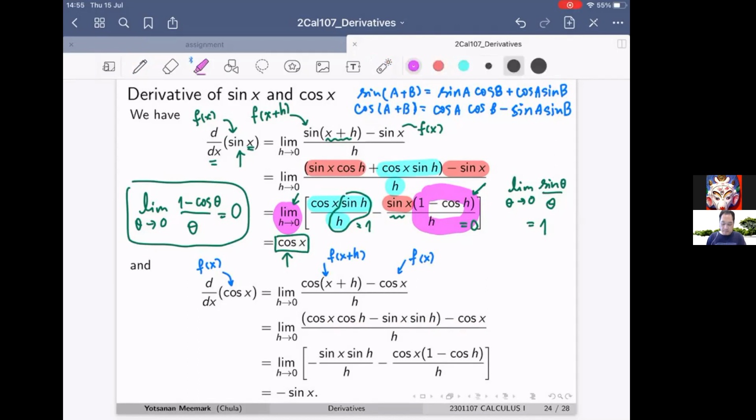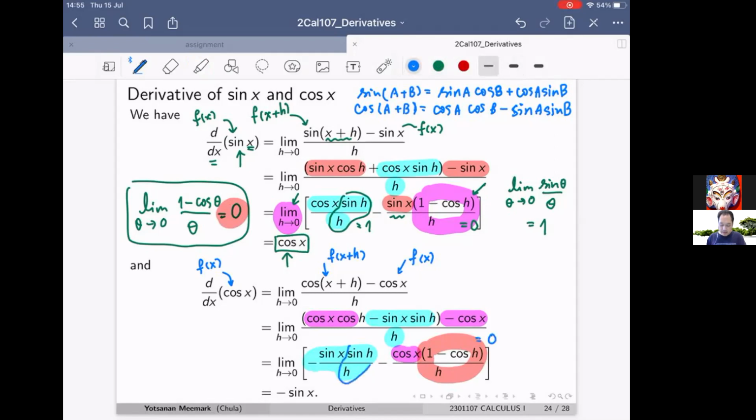Again, we just pair as what we just did. This one has no common factor, right? So we leave it here. But this term has a common factor of cosine x, so you pull it out, and this is the rest. Again, this one equals 0, so everything is gone.